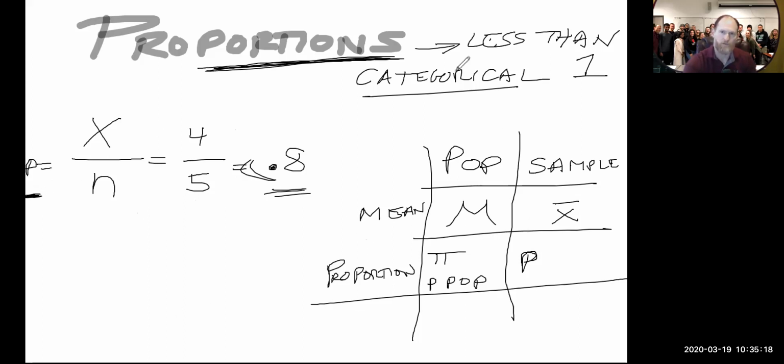Now let's do this again and tie it back to everything we've talked about. Same type of process. Remember our diagram recently. We know something about the proportion of the population, which would be p-pop. And we want to see the probability of the sample proportion p that we take from our piece of the world occurring.